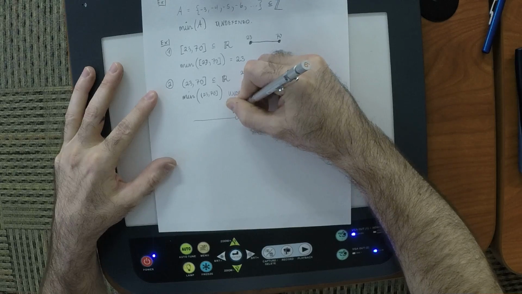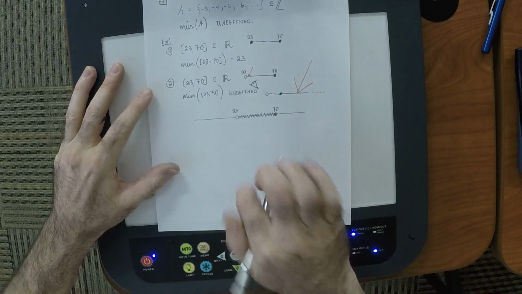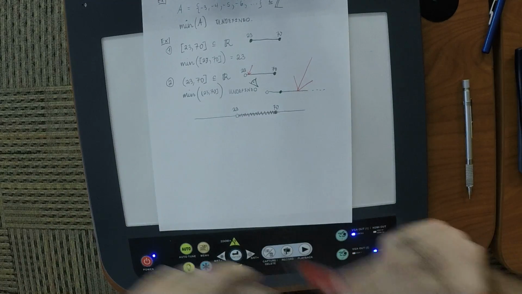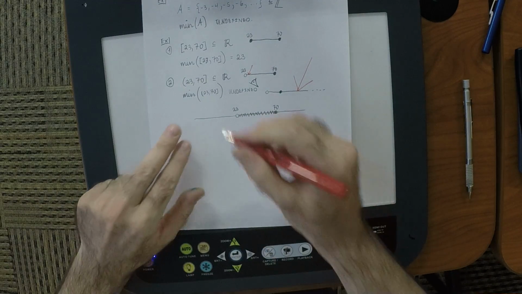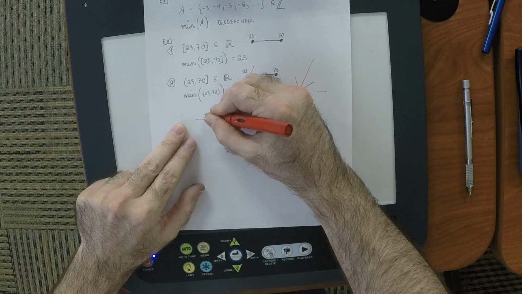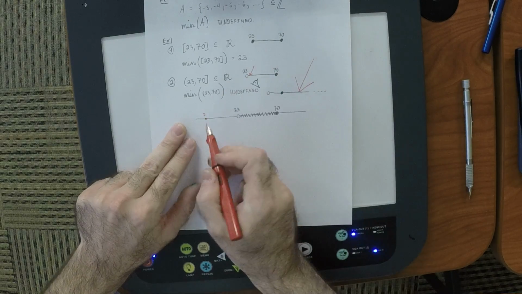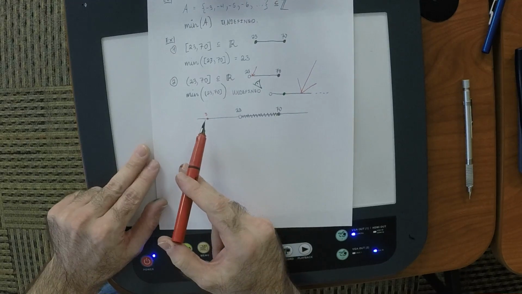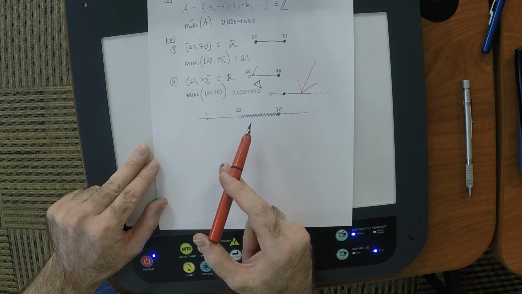so this is (23, 70), like that, then a number is said to be a lower bound of a set. So for example, here's a number, 3. Now, is 3 less or equal to everything in that set? It is.